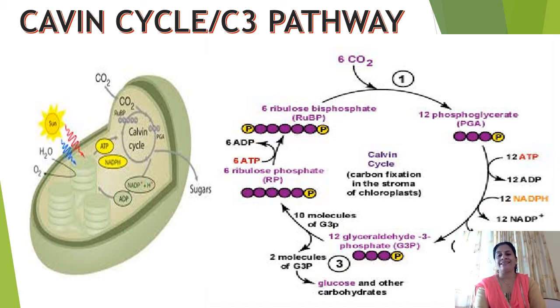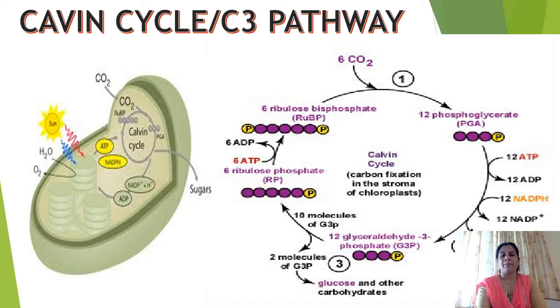PGA utilizes ATP and is converted into 1,3-di-PGA. 1,3-di-PGA utilizes NADPH2 and is converted into phosphoglyceraldehyde. There is formation of PGAL, an aldehydic compound. As it is a 3-carbon compound, two molecules of PGAL are formed.